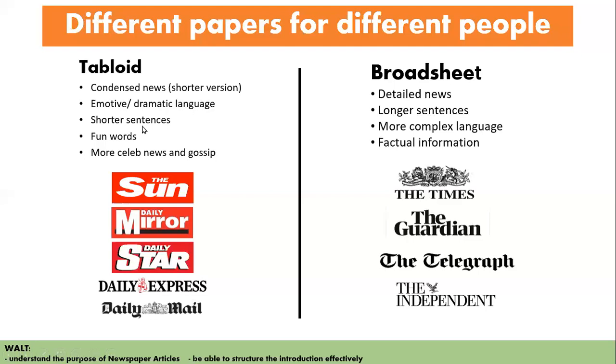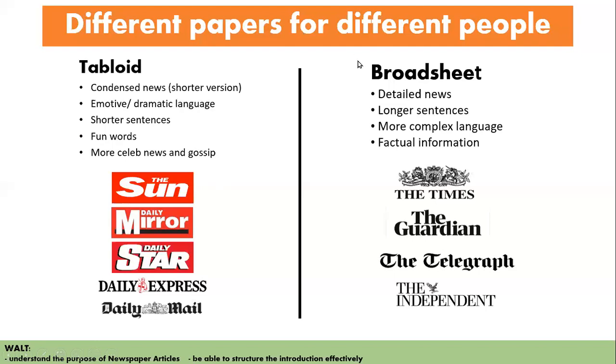The sentences will be shorter, the vocabulary will be easier, and anybody will be able to read these and understand the news. It may have some made-up words. They may put words together to create interesting headlines. And these newspapers will be filled as well with celebrity news and gossip.